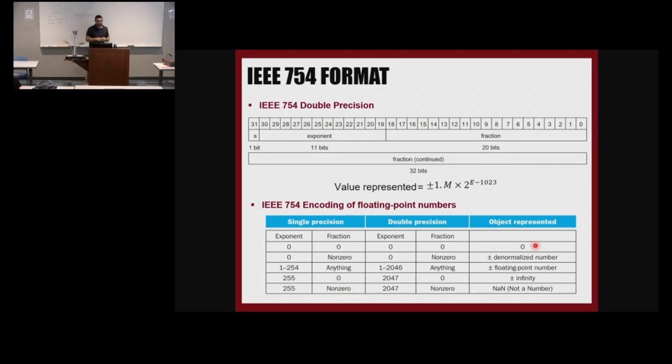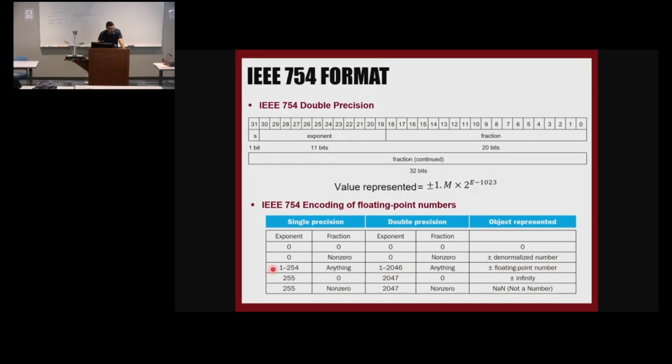But that is going to have some consequences that we can see in the next row. It means my exponent can be numbers from 1 to 254, because 0 is already reserved for showing the number 0. If I have an exponent between 1 and 254, or for double precision 1 to 2046, this is actually a floating point number.